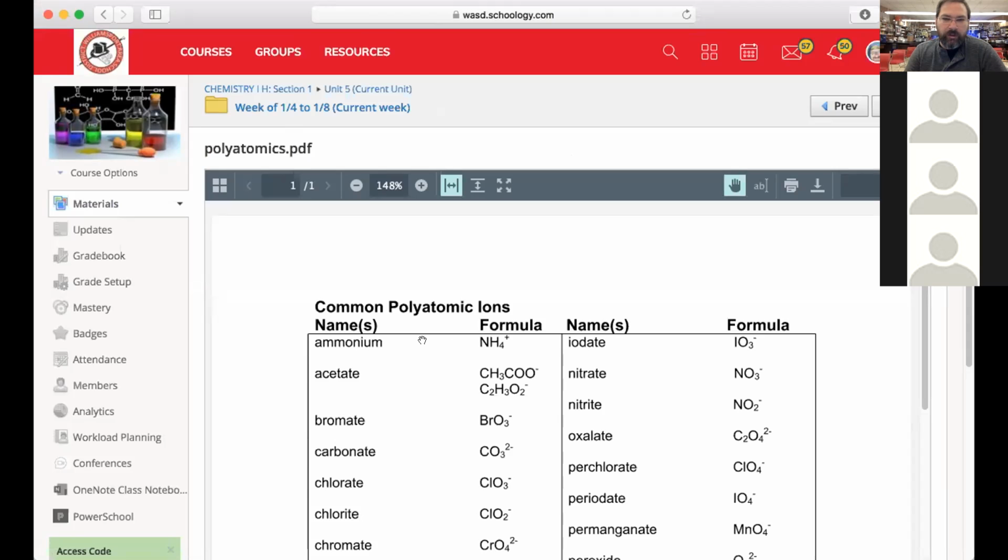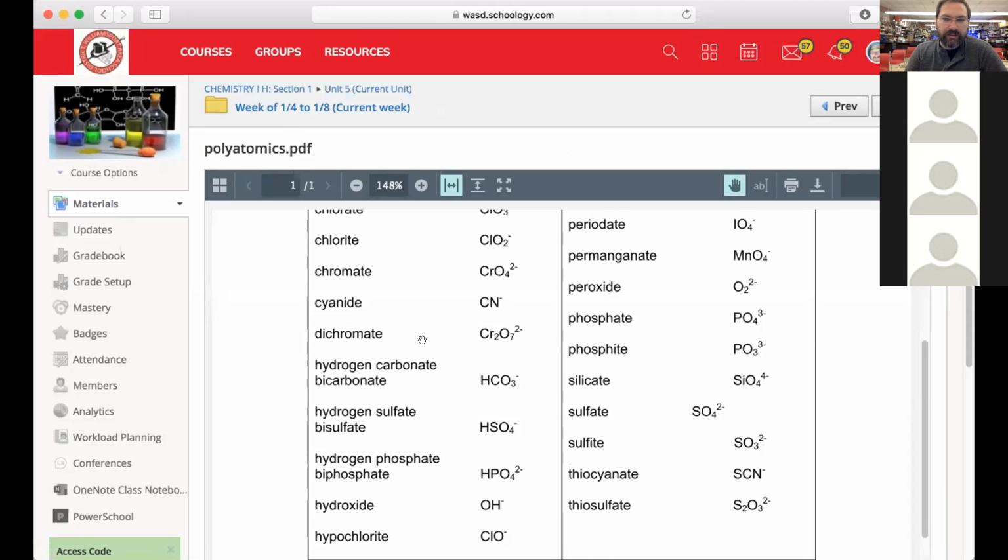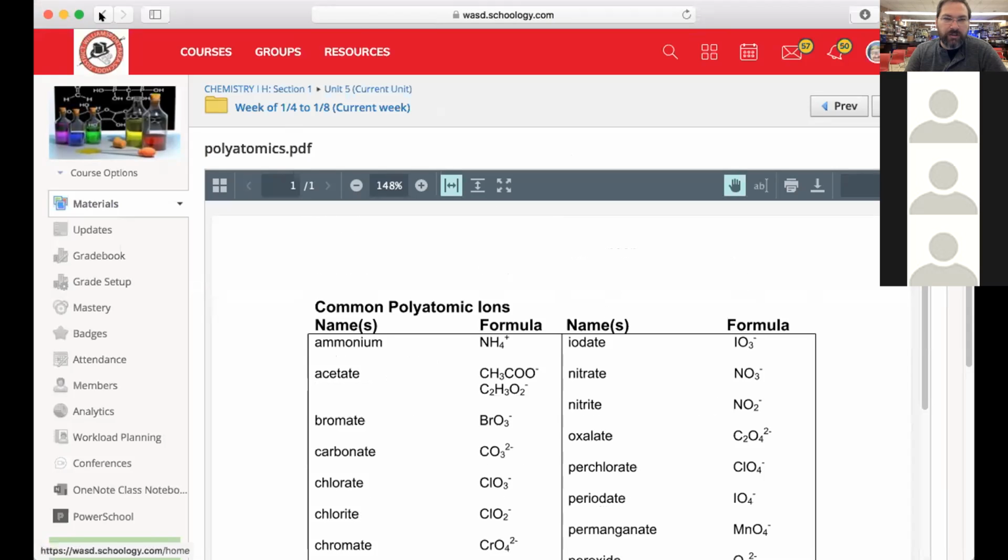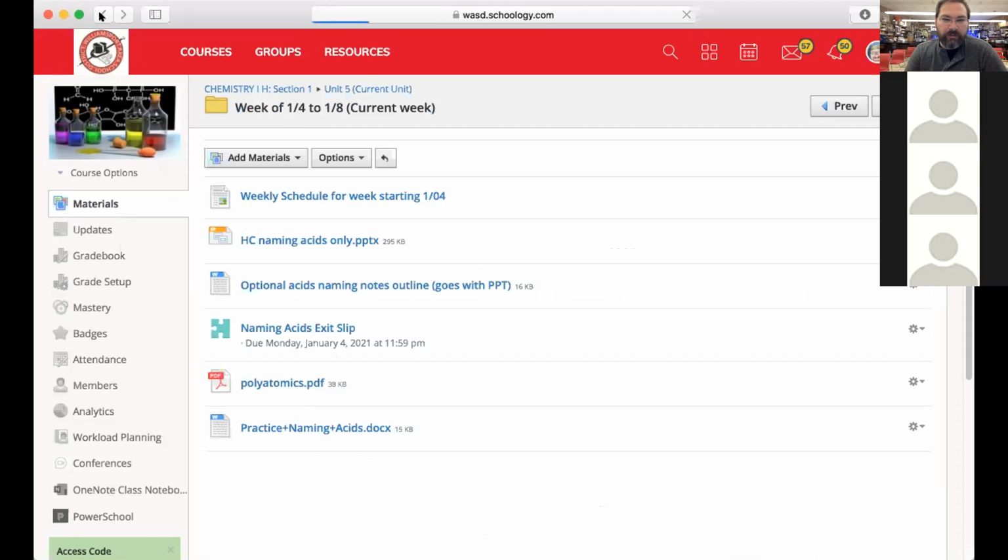There we go. So there's the ammonium cation and the anions, because you're going to need to reference the polyatomic ion chart to help you with writing names and formulas. This practice naming acids, I'm going to do a few of those with you, but then these are additional practice. You need to practice writing names and formulas for acids. So that's where the stuff is.